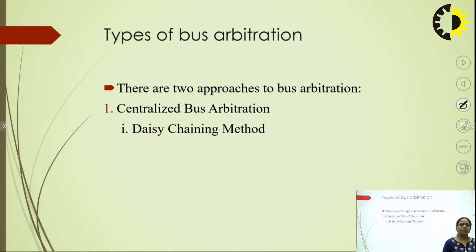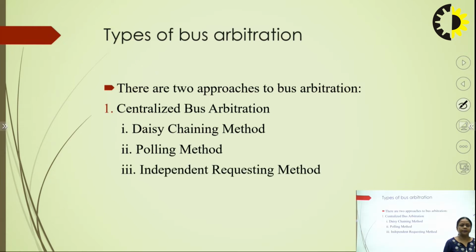Centralized bus arbitration can have three methods: daisy chaining method, polling method, and independent requesting method. And the last technique is distributed bus arbitration. Distributed arbitration means there is no one controller for controlling all this process.